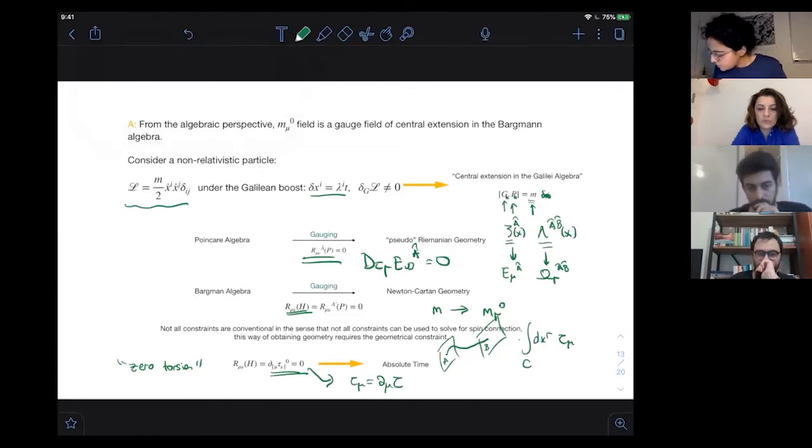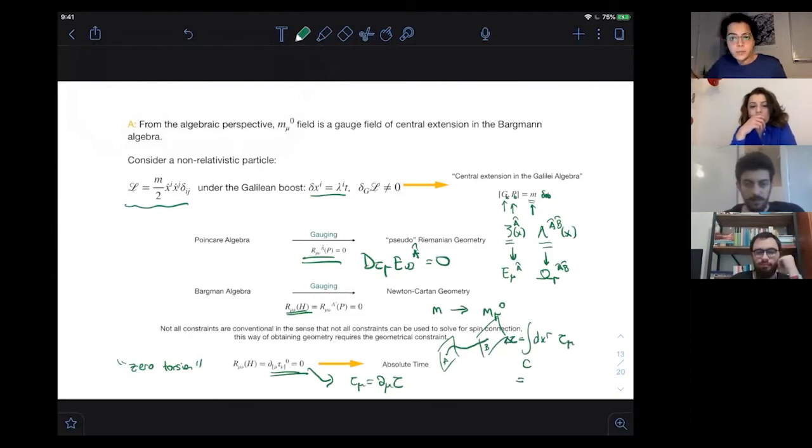The time difference between these two points is just given by the endpoint values, because this is just a total derivative. In other words, it's just boundary terms.